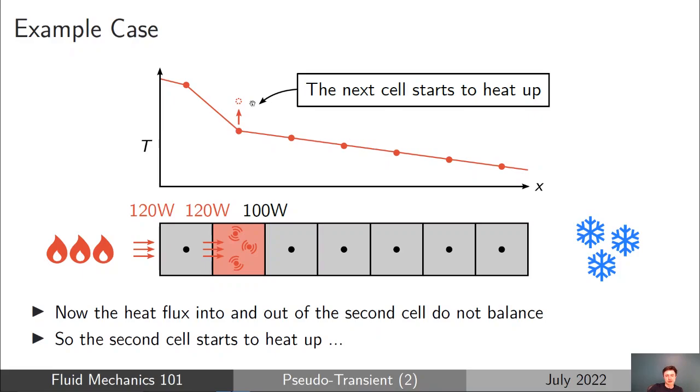So what you can start to see is that the effect of this boundary, this sudden increase in the thermal energy supplied to the bar, or a sudden increase in temperature, is propagating along the bar, where we're heating up the left end, then the second cell, then the third cell, then the fourth cell.